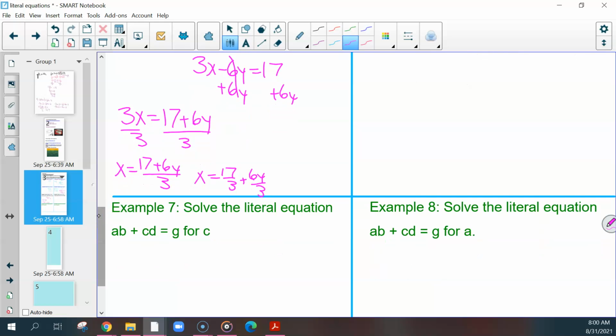If you separate it like that, then you could simplify this 6y over 3 to 2y. And if you wanted to rearrange that so it's 2y plus 17 over 3, you could do that as well.